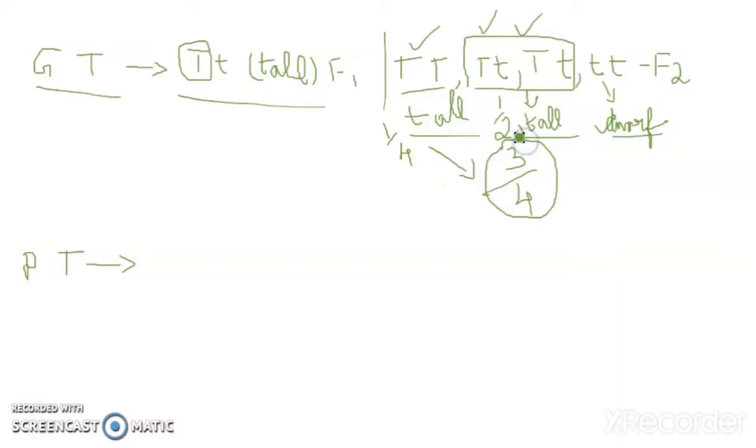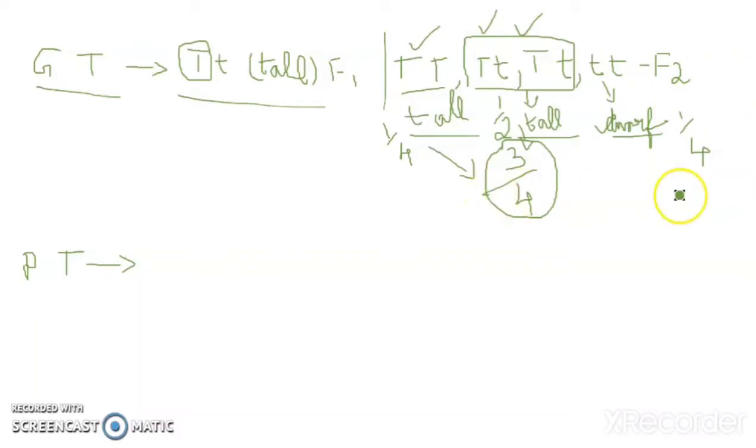Phenotypically, they are tall. 1/4 of them have capital T, 1/2 of them have capital T small t, and 1/4 of them will have a small t.